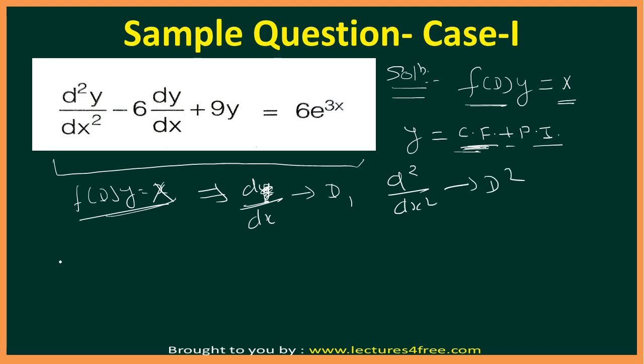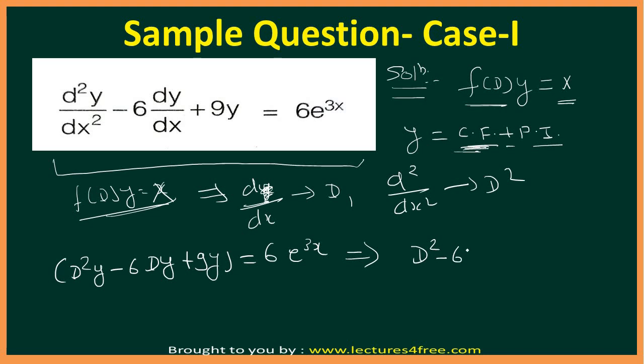So our equation will be D square y minus 6Dy plus 9y is equal to 6 e to the power 3x, or you can write it as D square minus 6D plus 9 into y is equal to 6 e to the power 3x.